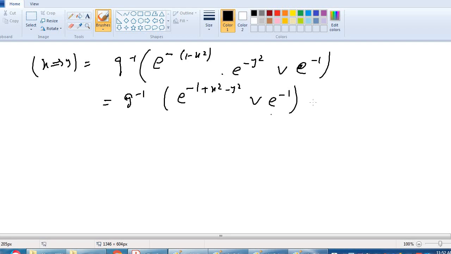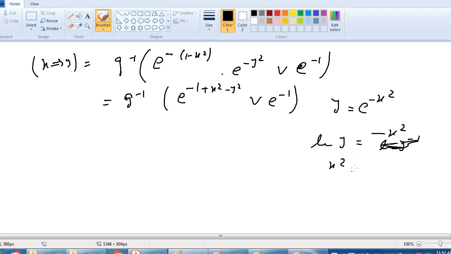Here we need to find the function g inverse. Since we know that y is equal to e power minus x square, if we take log on both sides, then ln of y is equal to minus x square.